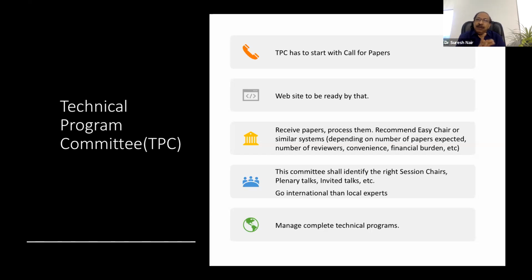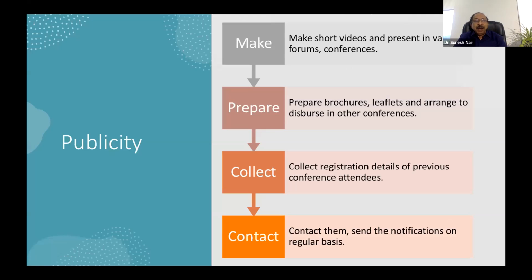This time we selected a very economical platform, and it created some problems for the TPC, but it was all overcome by the team. Then the TPC has to identify the right session chairs, plenary talks and invited talks, which are very sensitive, because the people we are dealing with are very highly technically educated, so you have to go very smoothly. Then manage the complete technical program, which was done by the TPC.